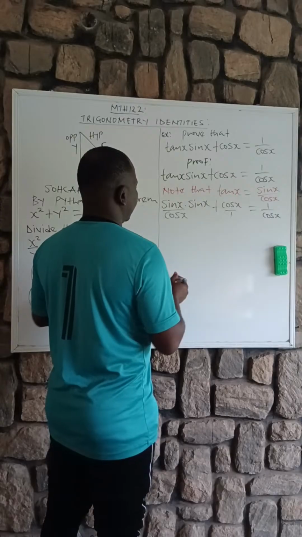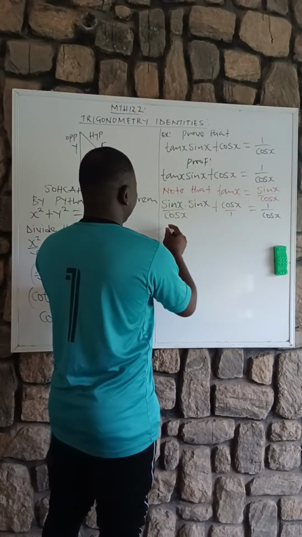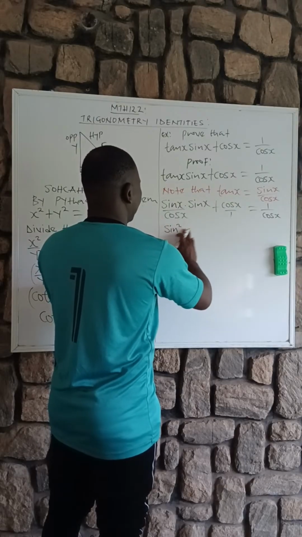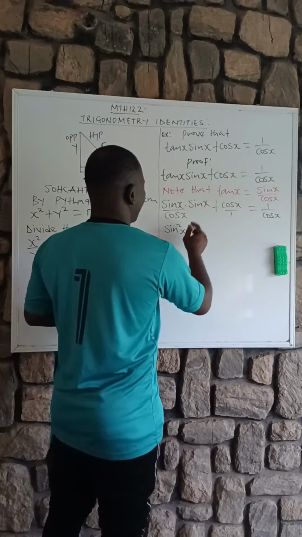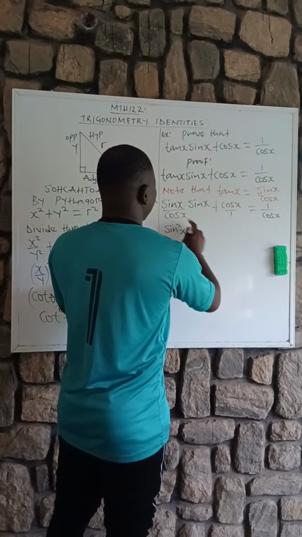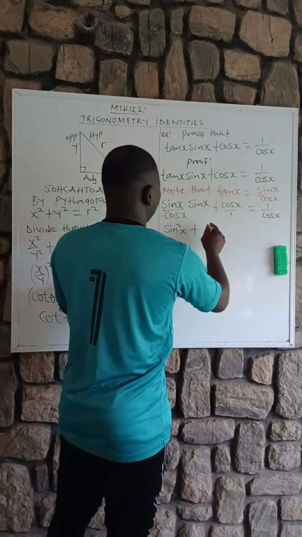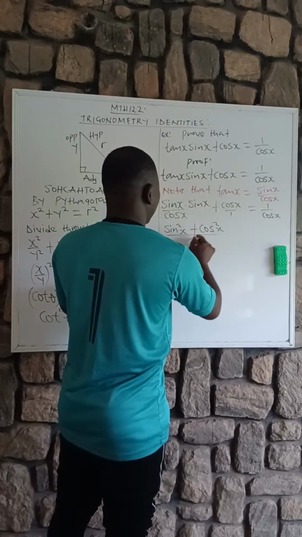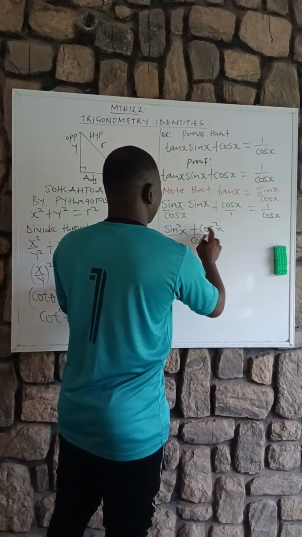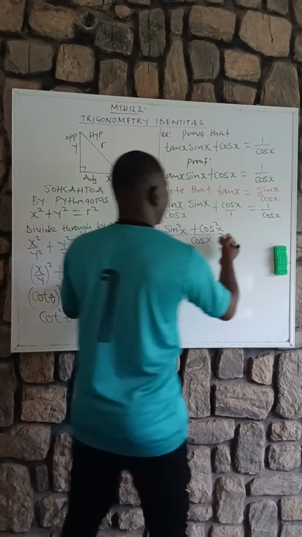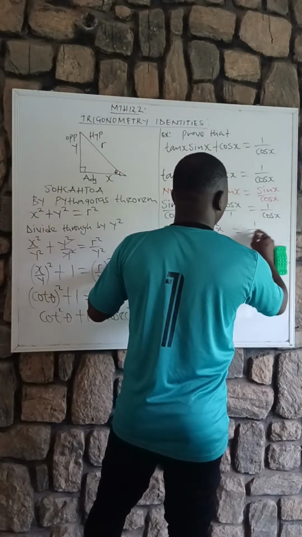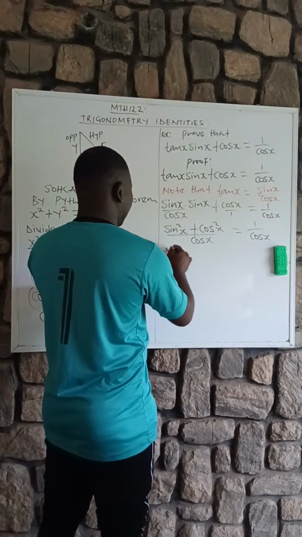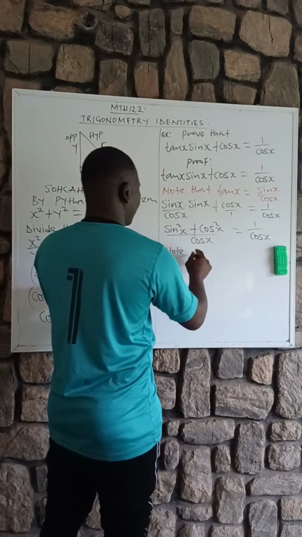If we take the LCM, sin x times sin x gives sin square x, then plus cos x times cos x gives cos square x, all over cos x, which is equal to 1 all over cos x.